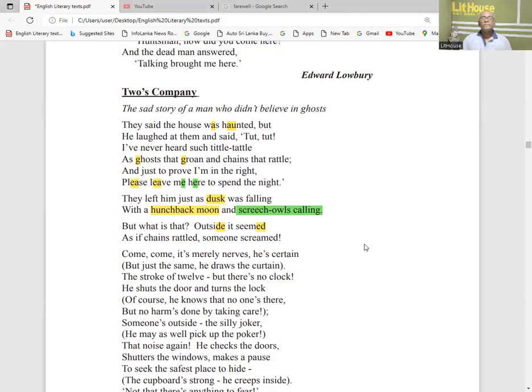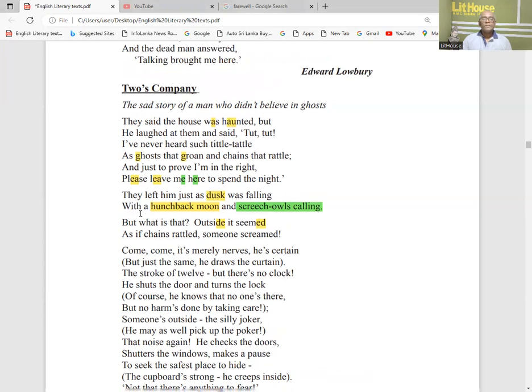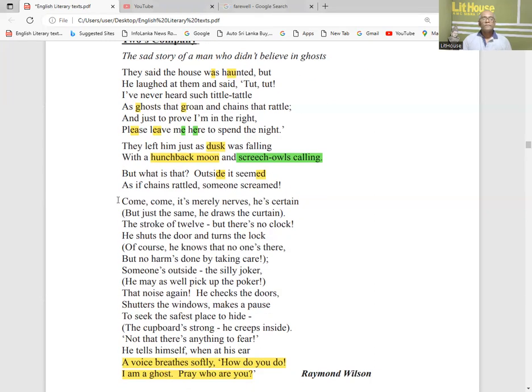Example, caught this line. As if chains rattled.